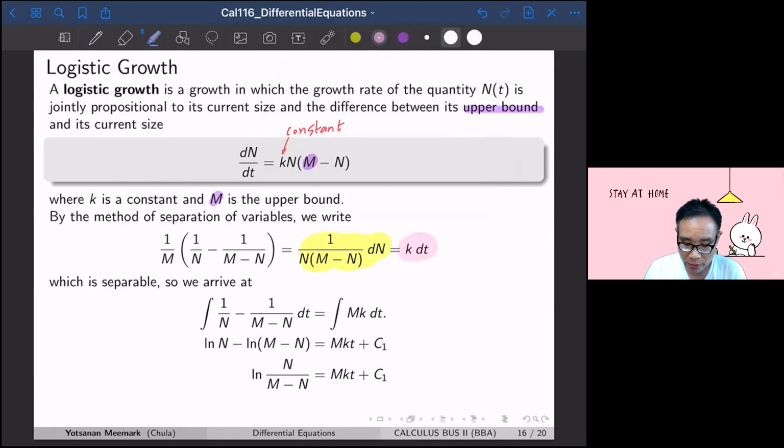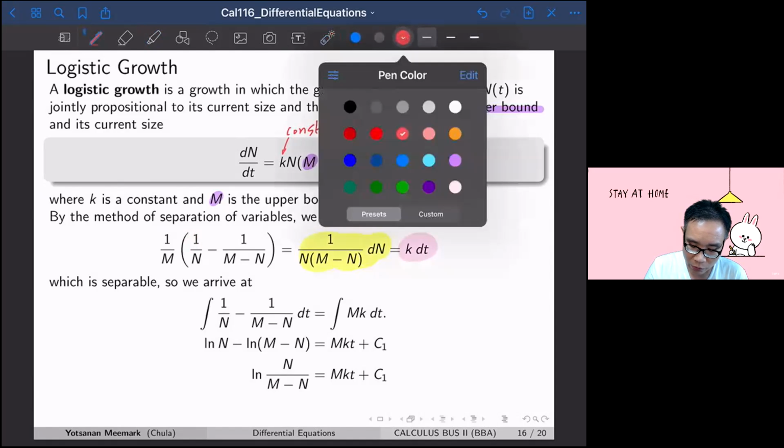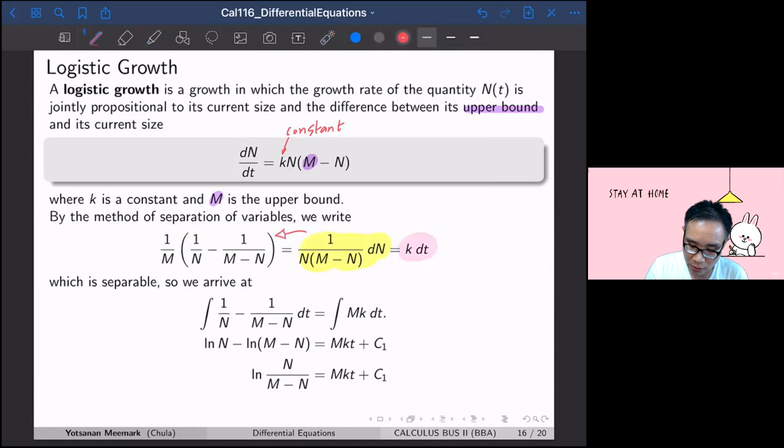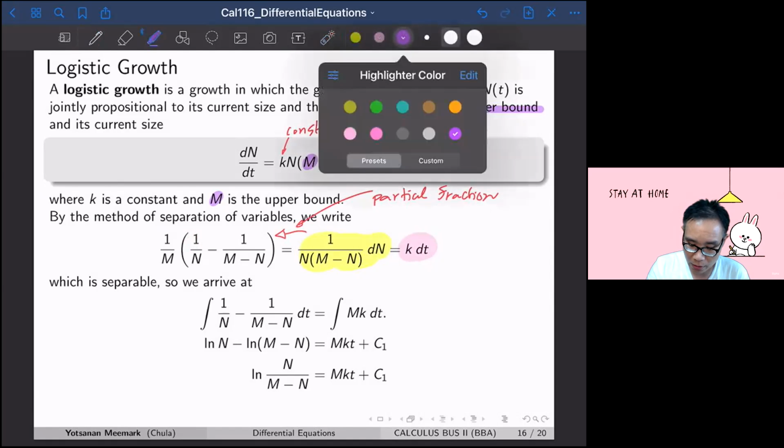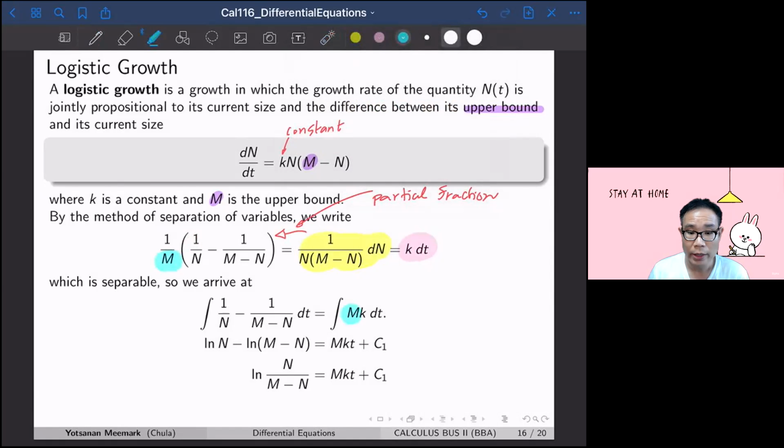And you see that this term can be split into a fraction: 1 over N minus 1 over (N minus M), times 1 over M. This one is called partial fraction decomposition, as you have seen in Calc 1. And you're going to multiply M up, so you have M here, and this one is going to be k dt.